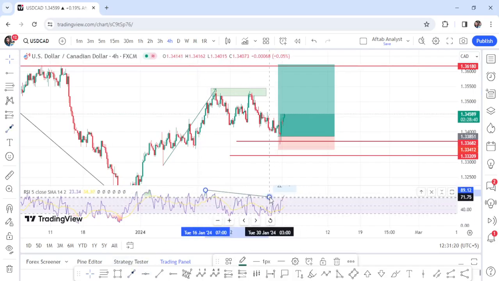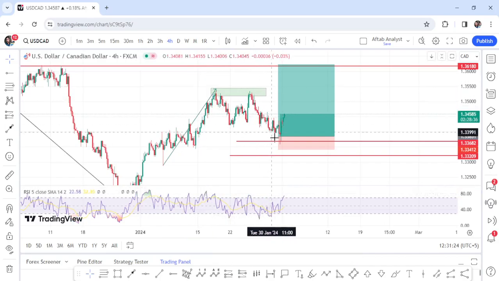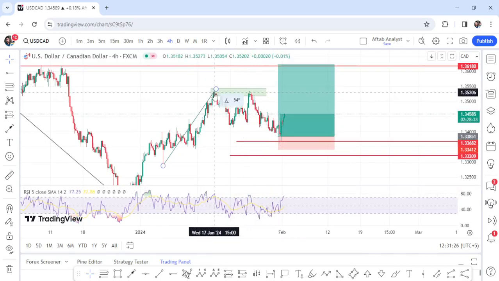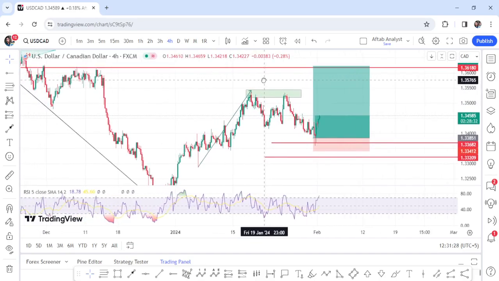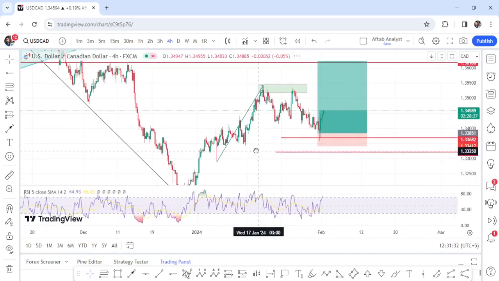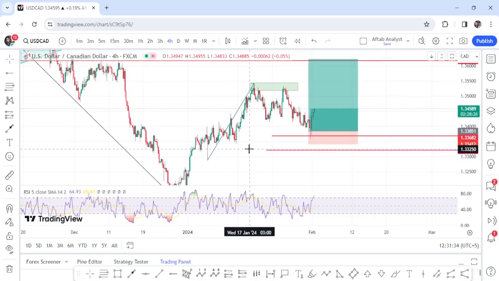You can see the clearly visible divergence, and the market dropped. So this was also tradable. Double tops I usually trade with. If I get divergence, I trade it and make good profits out of it. Very, very simple. I'm still not sure why most traders are not making it.